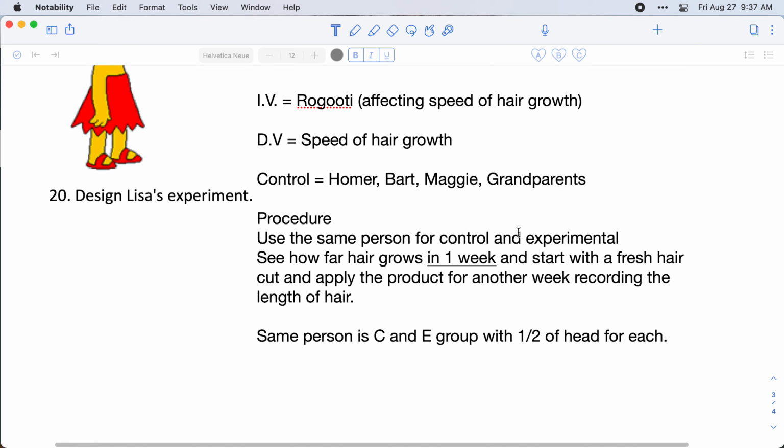So your control and your subjects could be any of these family members. And I think the best experiment is to use the same person as both the control and the experimental group. It doesn't matter if it's a week or a month, but everyone is both the control and the experimental. So that would be the way to minimize adding all these other variables to your experiment.